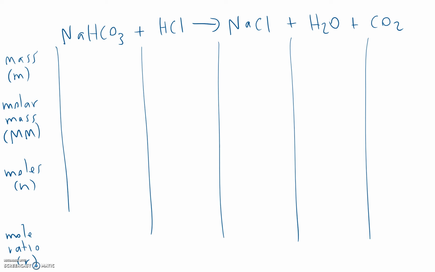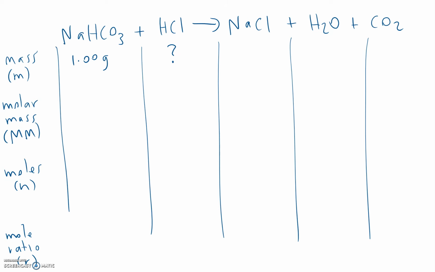Then I add to the column the information that I've been given from the question. So we know that we have 1 gram of sodium bicarbonate, and I put a question mark for the information that I'm trying to find out.